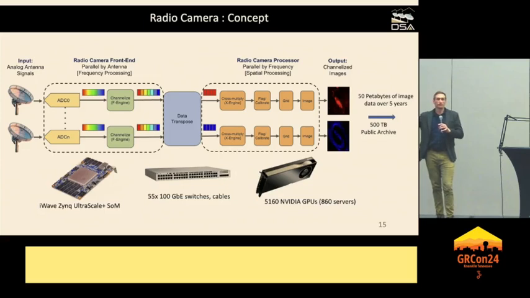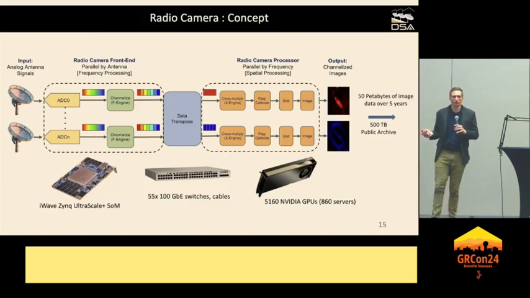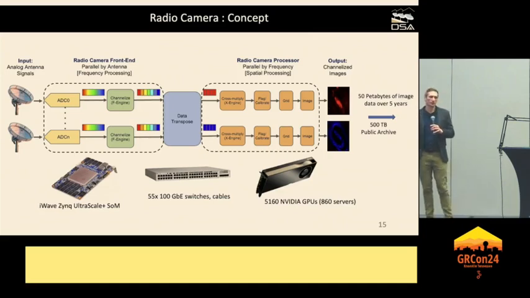From those ADCs, which sample the data coming out of the dishes, we channelize the data, so we split the data into sub-frequency channels. We have at the input roughly 2 gigahertz worth of bandwidth, and then we go down to 130 kilohertz of frequency resolution.